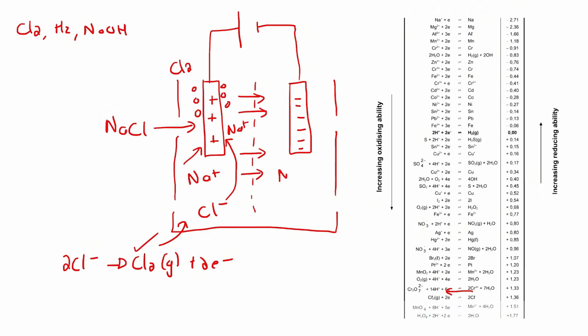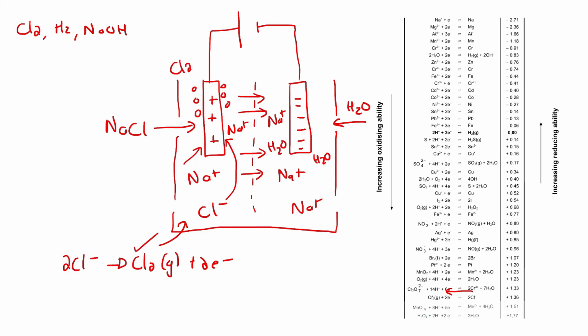So those Na+ ions are going to move through, and they're going to end up on this side of the system. Now, the other thing that we pump in on this side is just normal water. So what we're going to have now is a whole bunch of water and Na+ floating around.